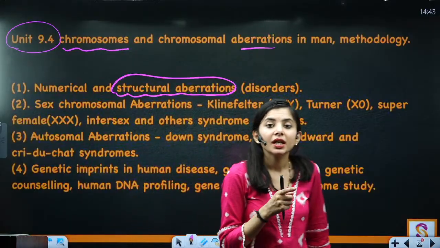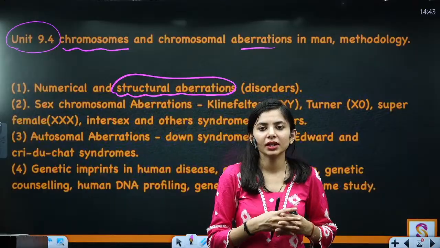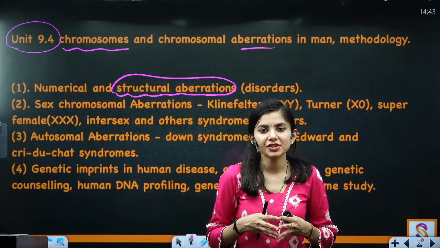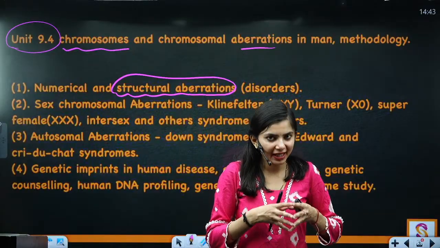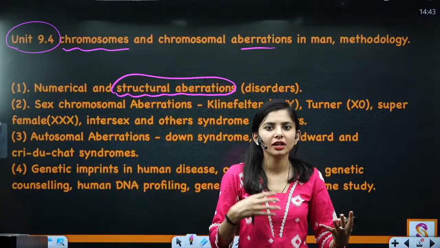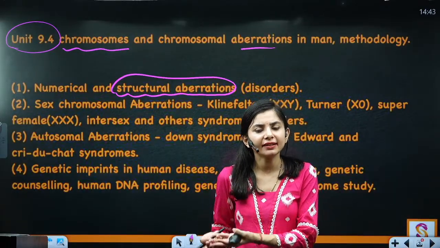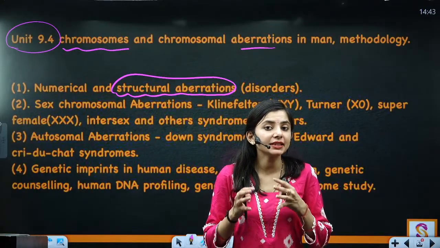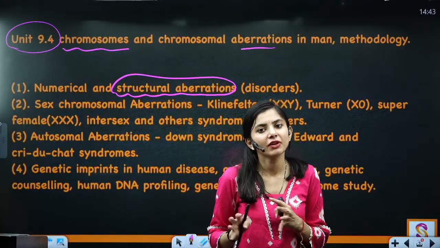But in the previous class, the class we did on the structural aberration, it was showing that there are some sort of chromosomal error, and these errors are in the form of deletion, duplication, addition, inversion, then translocation. But we haven't studied about the effect that's coming out of these types of aberration.